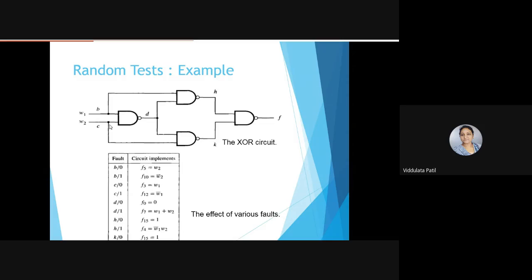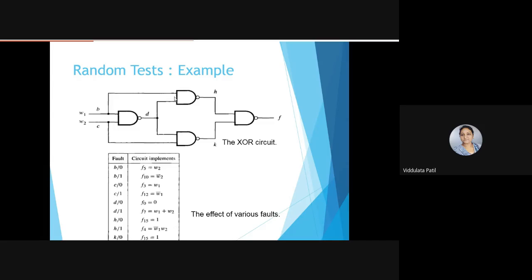What did you say H will be equal to, H and K? Just look at the circuitry again. That's why I am asking. See, W1 is equal to 0.